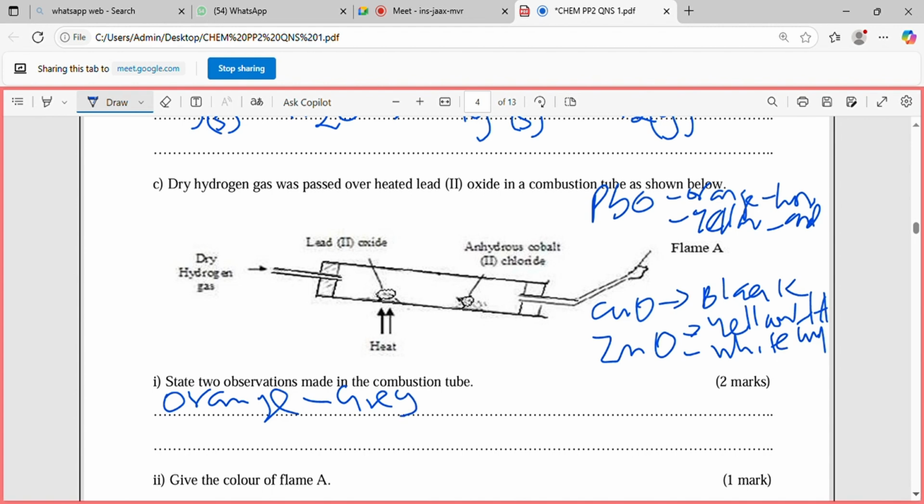Water is also going to be formed, and that water will have an effect on cobalt(II) chloride.